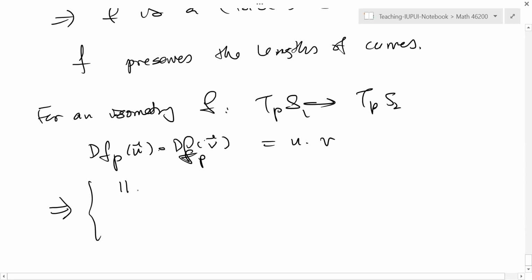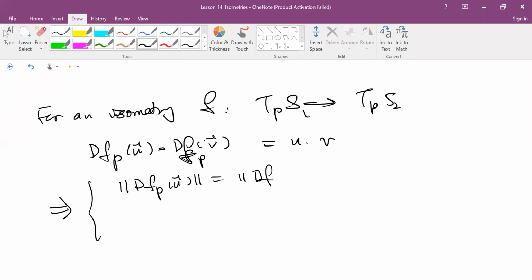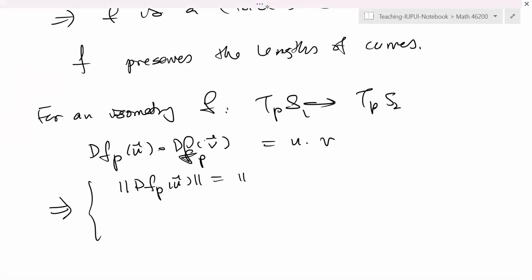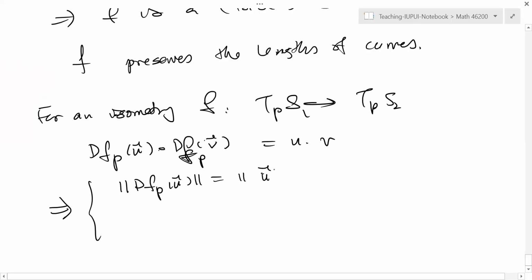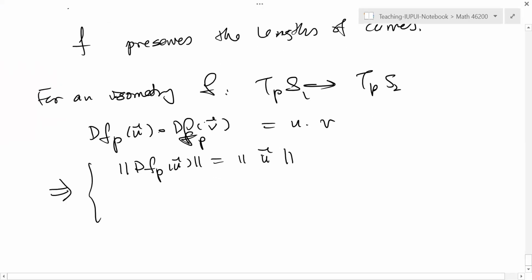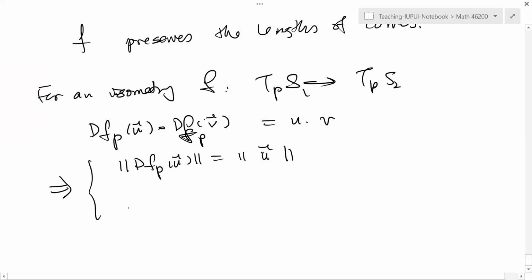One, it preserves the length. But also, you can show that it preserves the angle.